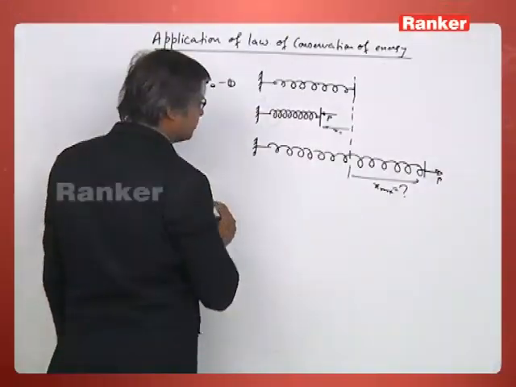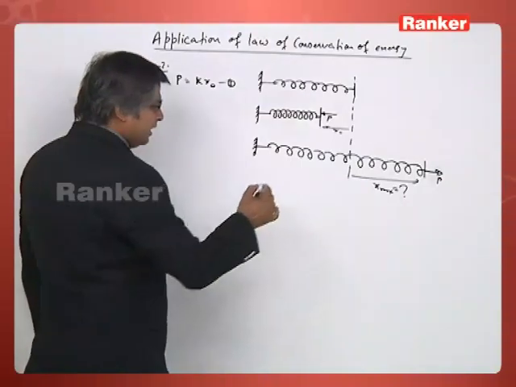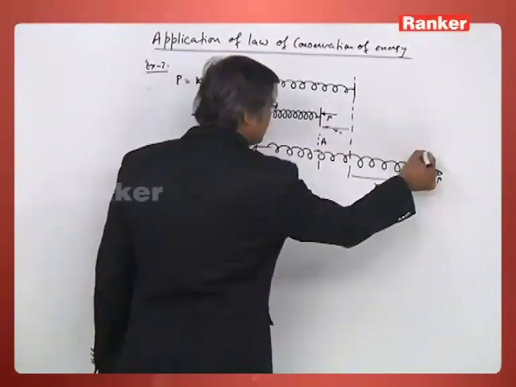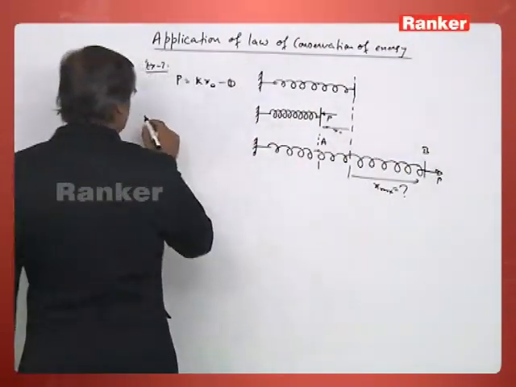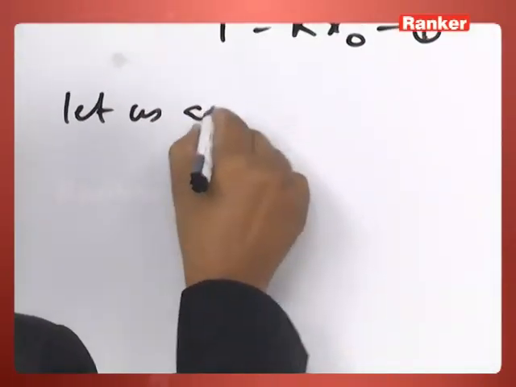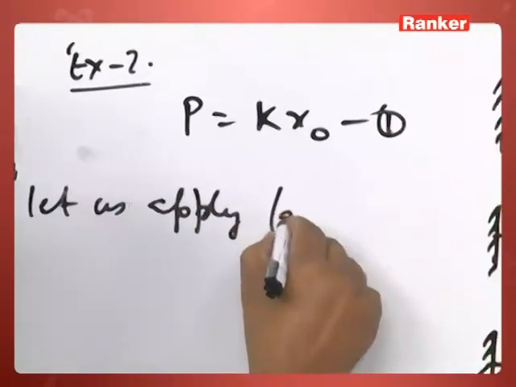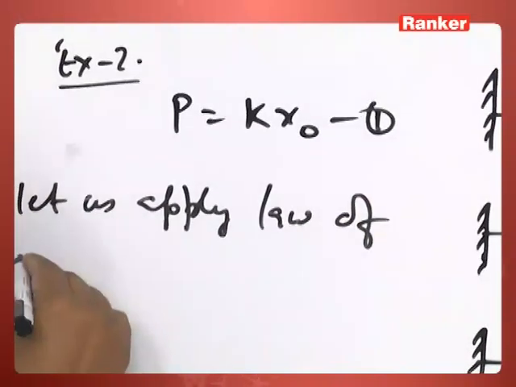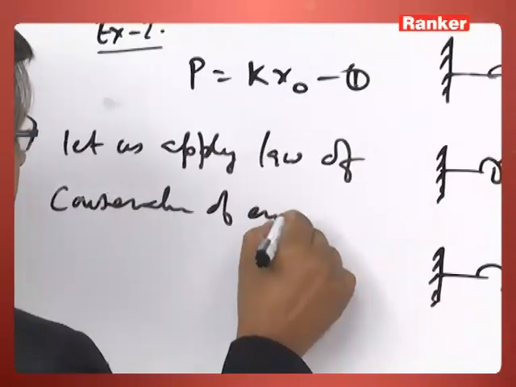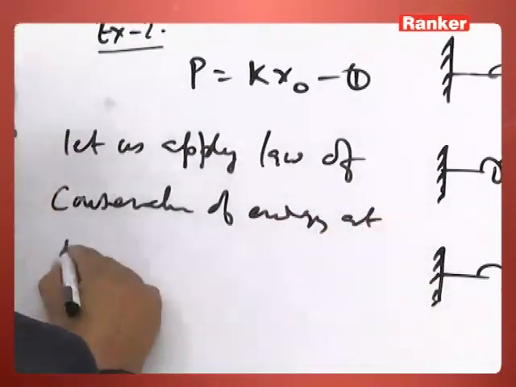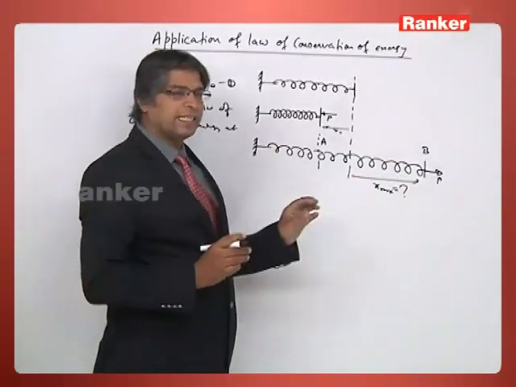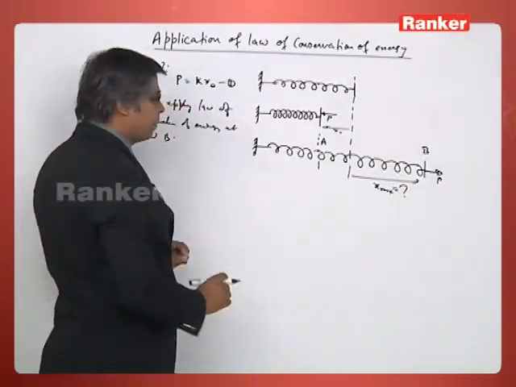This is one thing. Now here there are two positions. This position is A and this position is B. So now let us apply the law of conservation of energy at A and B. Throughout the motion there is an external force doing work.